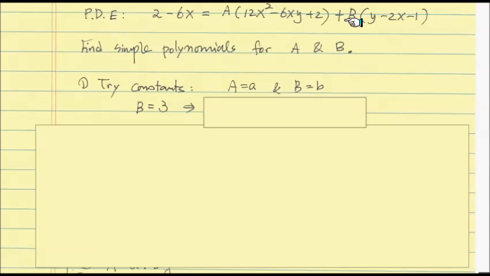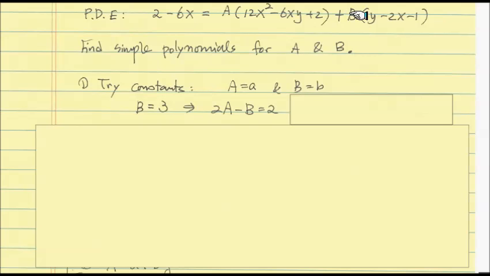If you look at the B, it is multiplied by -2x there, and you can see A's constant is multiplied here. There's nowhere that x alone, like -6x, is going to appear. This is the only possibility that you're going to get a -6x. So B must be 3. Once B is 3, if you look at the constant part, the only constant here is -B, and the only constant here is 2A.